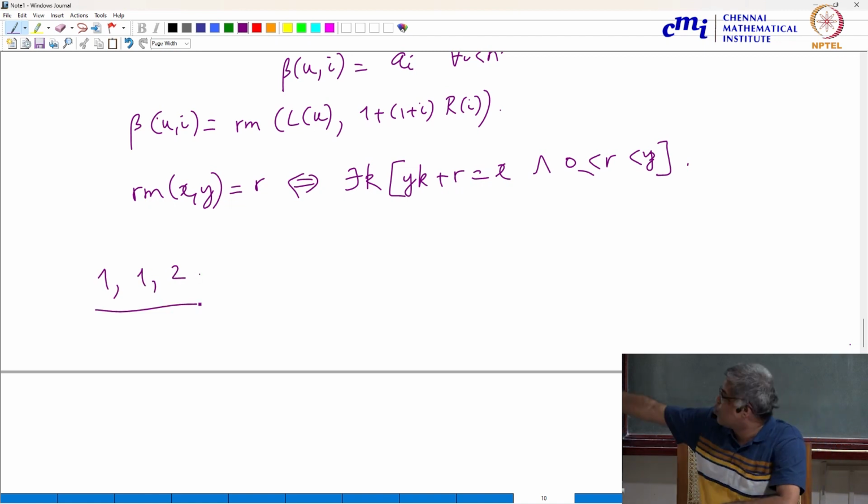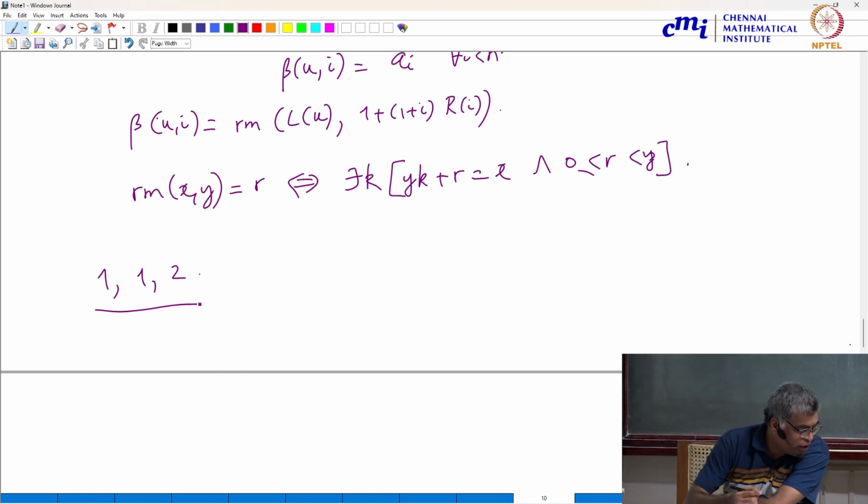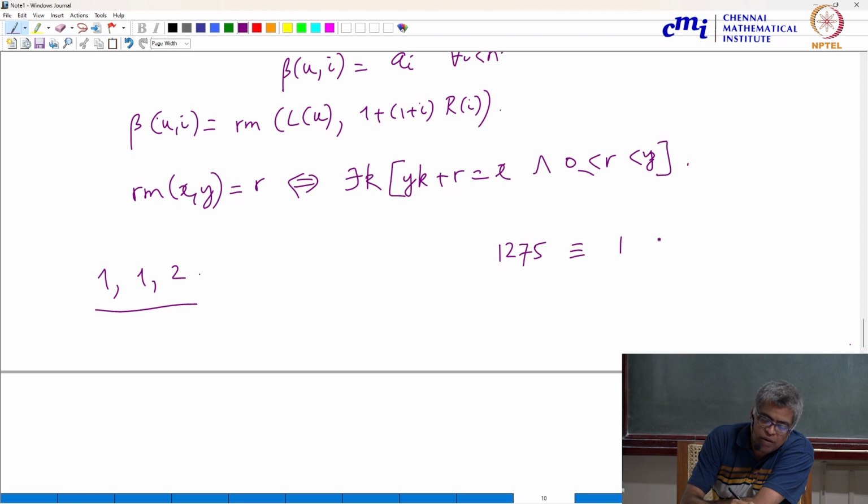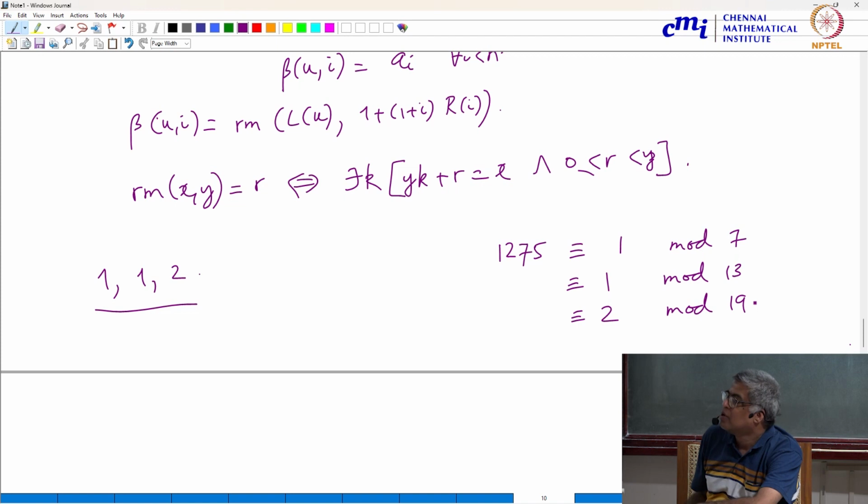If you consider the sequence 1, 1, 2, let us say, a sequence of length 3, then you can actually verify once you get home that the number 1275 works. So what is the number u for this sequence 1, 1, 2?